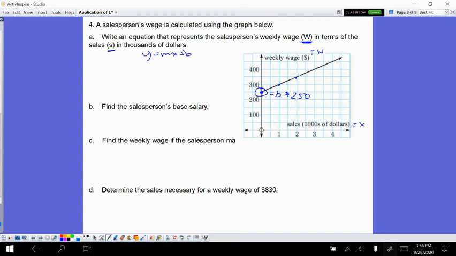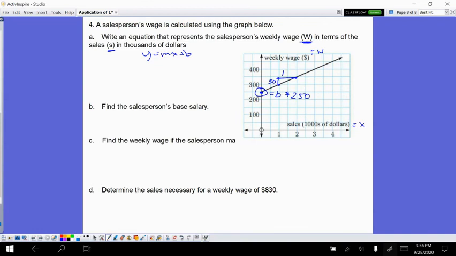So I can see 2 good points here, and I'm going to count the rise and count the run, but I'm going to pay really close attention to the units on each axis. So the rise here is 1 box, but what that really is is $50. And the run here is 2 boxes, but that really just represents sales of $1,000.